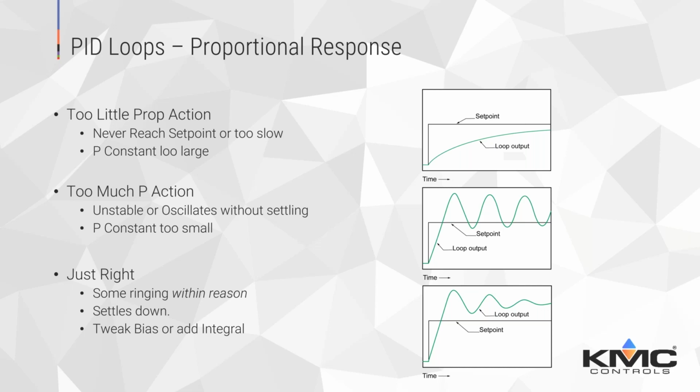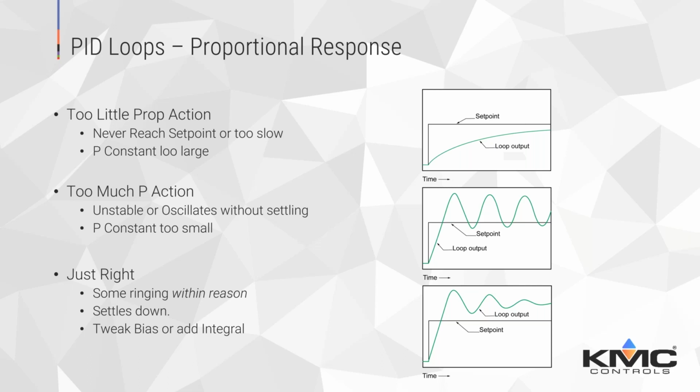Looking at the middle chart here, we see a loop that's doing a lot of ringing. It's oscillating. It may be going off scale 0 to 100%, but really it's not settling down after several cycles or minutes of continual ringing. What this means is I've got too much proportional action, meaning my proportional constant is too small.